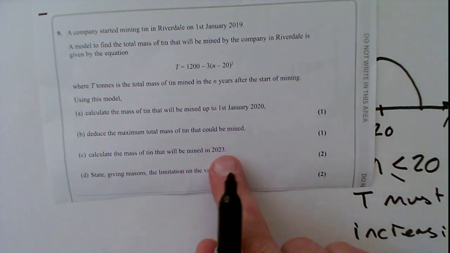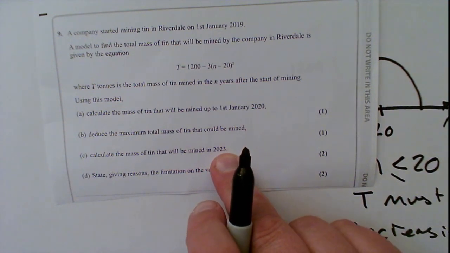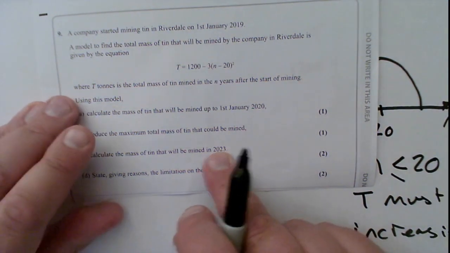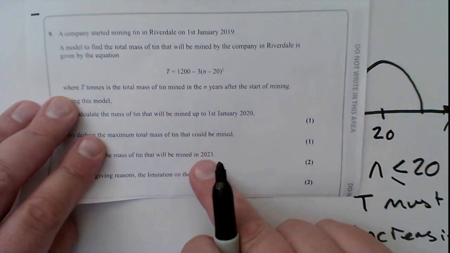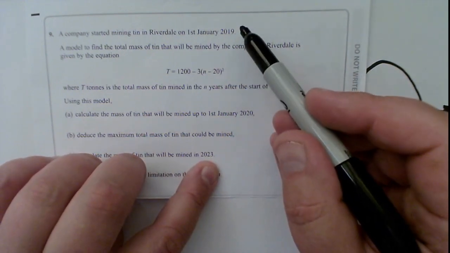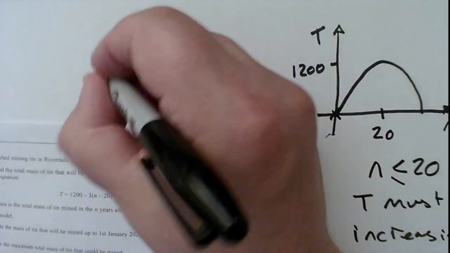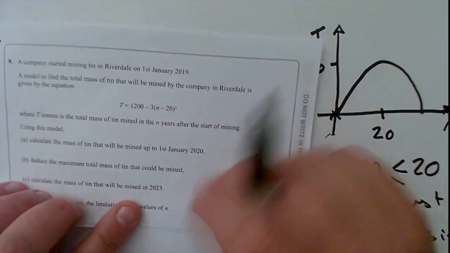To get the mass in 2023, you've got to work out the mass at the beginning of 2024, because that would be the end of 2023. In the beginning of 2024, you're starting off at 5. You're going to have n equals 5 as the thing to substitute. So that was tricky from a numeracy point of view.